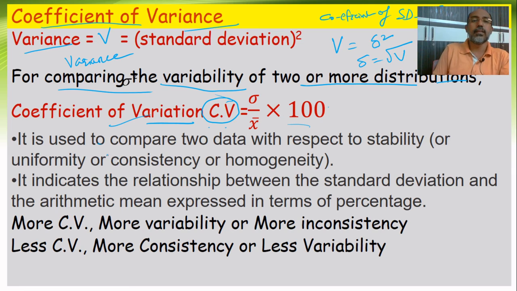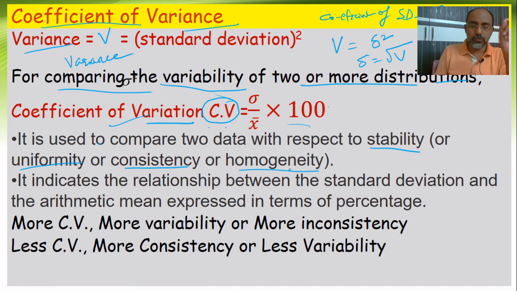These are the important terms used to compare data, and they are the technical terms used even in advanced research statistics, where you will get a lot of information about all these things.